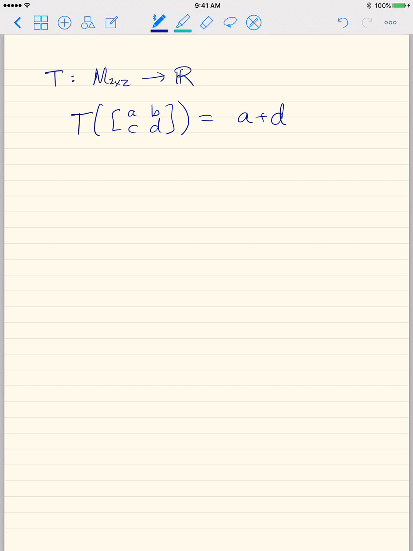A matrix originally has real entries. We've picked out 2 of them and added them, so that's a real number. That's why the codomain of this linear transformation T is R. And this transformation has a name. It's called the trace. But whatever, it's not so important here. The question is, what are the rank of T and the nullity of T?